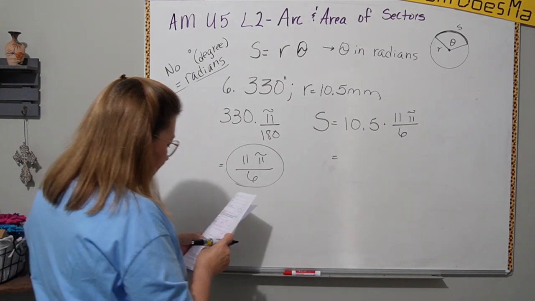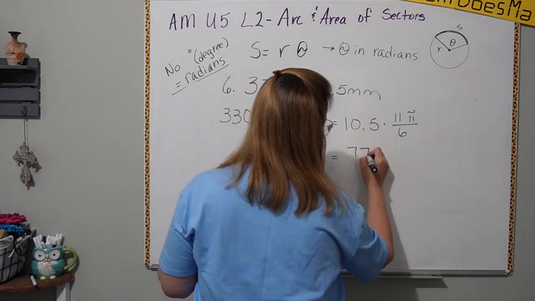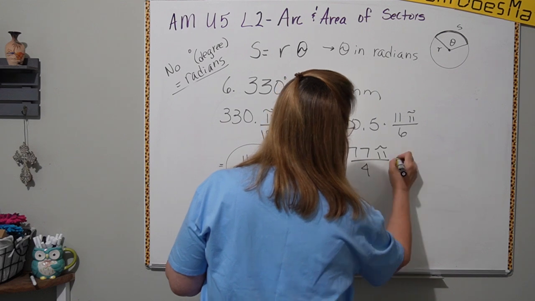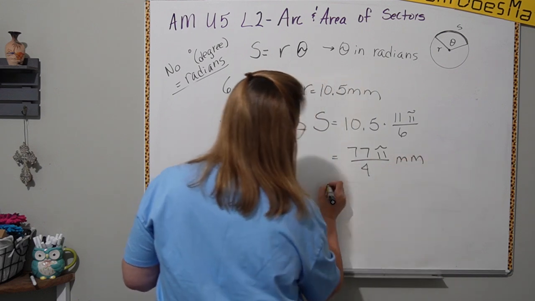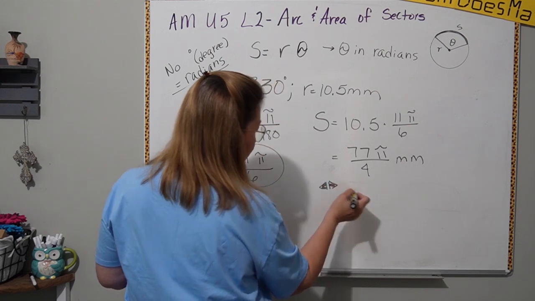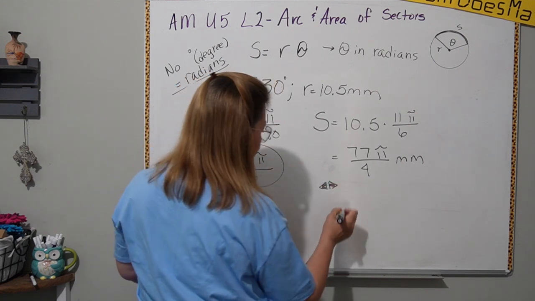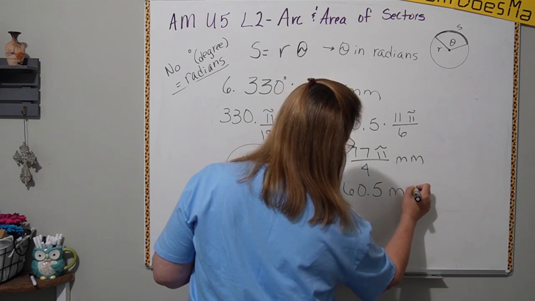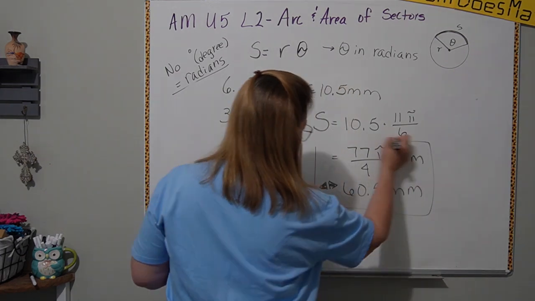Once you get this all in simplified form, you're going to have 77 pi over 4 millimeters. And then when you hit your rounding off button, your estimation button, that's going to change it to a decimal of 60.5 millimeters.